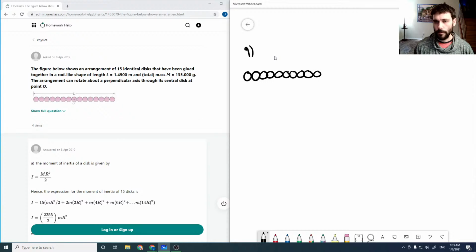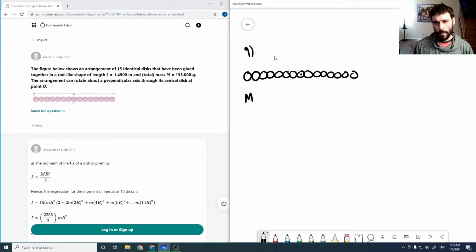1, 2, 3, 4, 5, 6, 7, 8, 9, 10, 11, 12, 13, 14, 15. And the center is there. And so they're all rotating about their central point. And so we want our full moment of inertia.